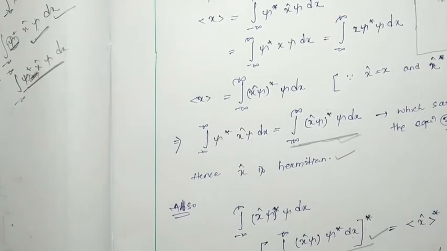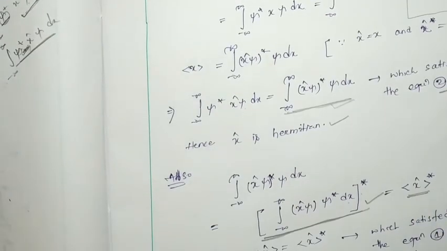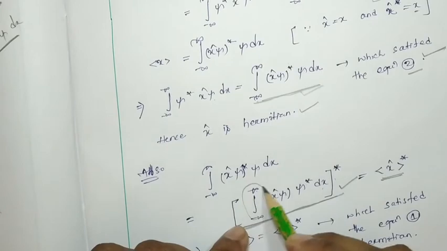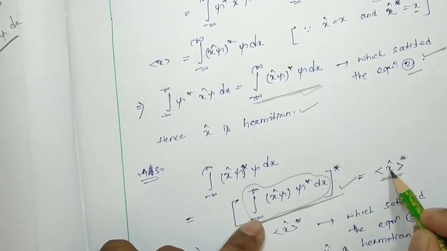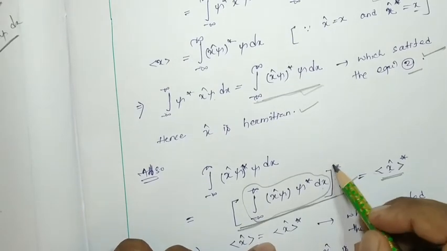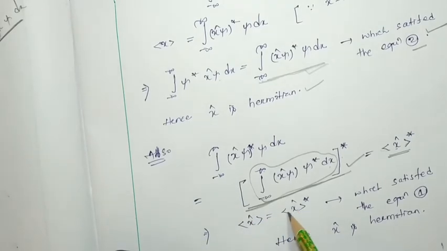So if this one is written in this format, what is inside this is nothing but the expectation value of x, and star. So here we got the expectation value of position is equal to the expectation value of position to the power star.